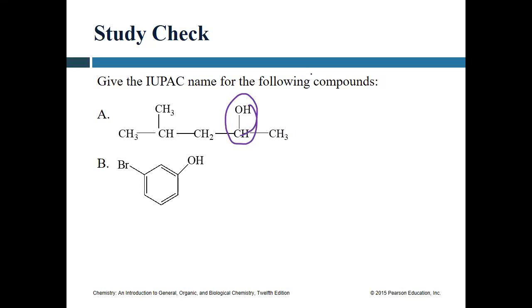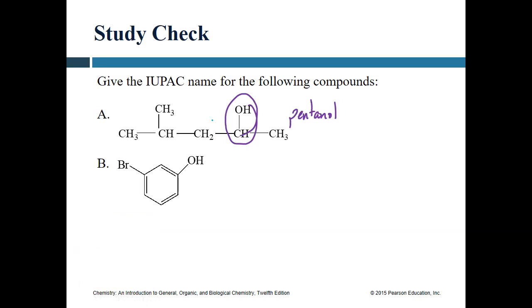So we've got 5, so we know that this chain is going to be called pentanol. Alcohol group, 5-carbon chain, pentanol. We need to figure out the position of the hydroxyl group and then any other side groups.